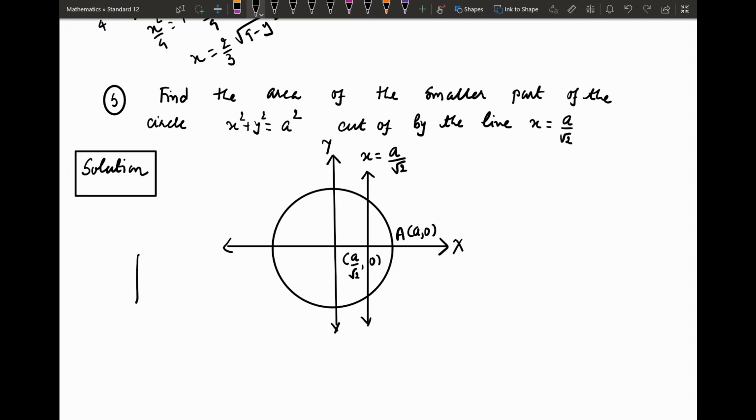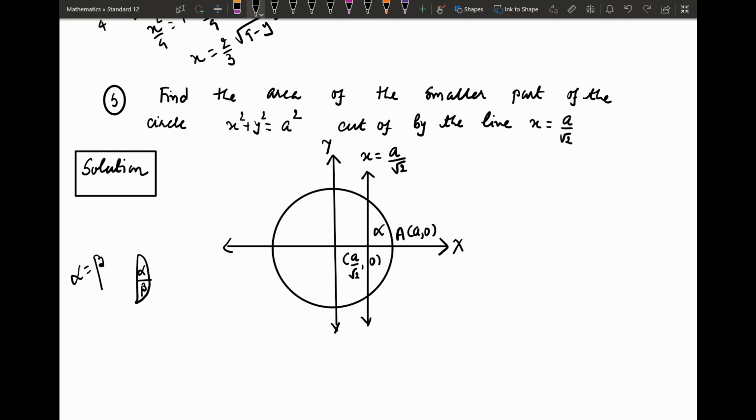So actually this smaller portion, because of symmetry, consists of two equal portions, alpha and beta, as shown in the figure. So we will only find the area of alpha, then multiply it by 2, and we will get the total required area.